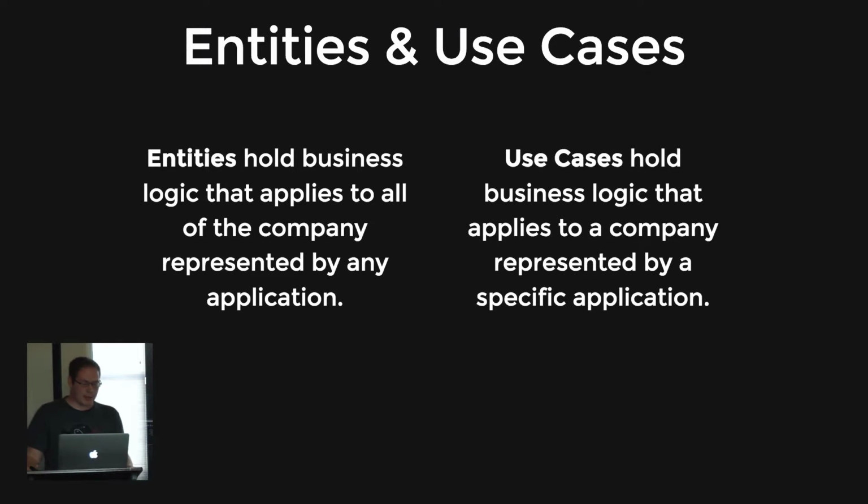It applies across all of the company. Use cases are application-specific business logic. So what that means is that you could have two totally different applications that have different behavior because they apply to people differently. So managers versus consumers, stuff like that. And that can be the use case level logic.